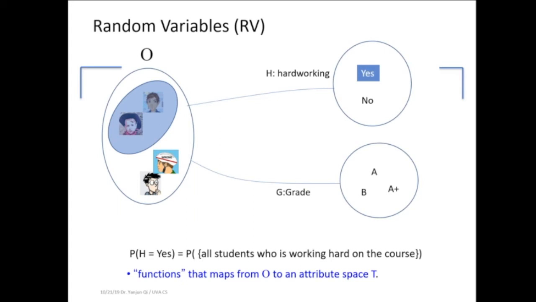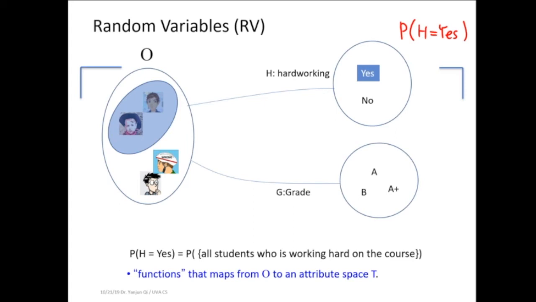And that's exactly how P(H) is represented, like P(H = yes) or P(H = no), and H is a random variable. So this is one kind. There's another kind like grade: all my students in this class can be grade A, or grade A plus, or grade B. So that's the other way to split my sample space, through this grade function.